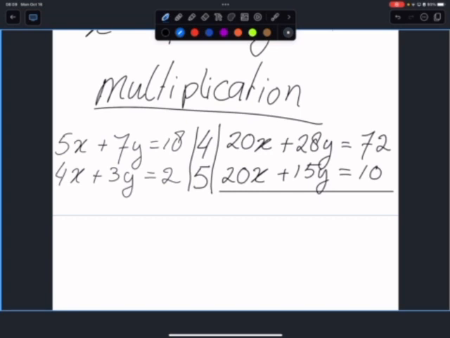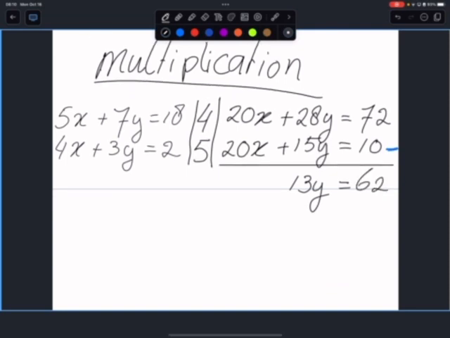So I subtract both equations from each other. 20x subtract 20x, 0, no need to write it. 28 subtract 15, 13y, 72 minus 10, 62.